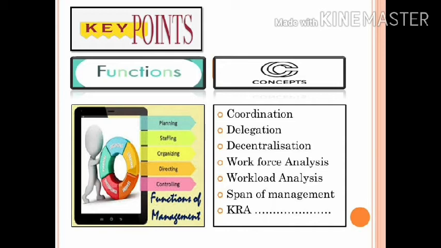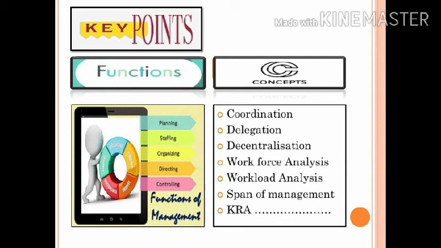But if the question is asked for identification of concepts, then don't stray your mind towards the functions. Directly go to the various concepts that are given in the book. See, what are the various concepts that we have studied? Coordination, delegation, decentralization, workforce analysis, workload analysis, span of management, key result areas, critical point control, and so many things.